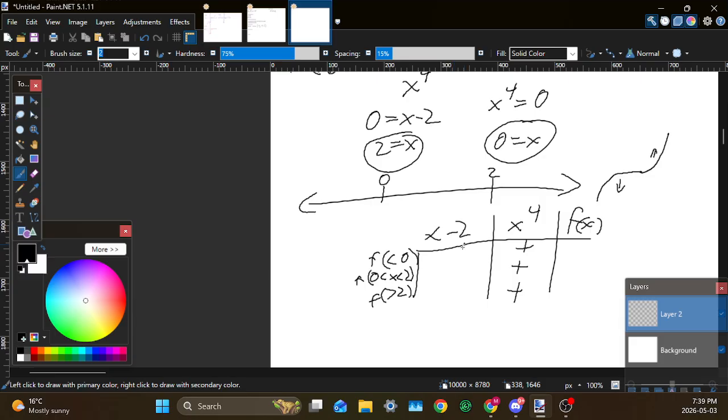Anything less than 0 is going to be a negative here. Still less than 2 is still going to be negative. So it'll be negative, negative. And then bigger than 2 will make this positive, and this will be positive here.